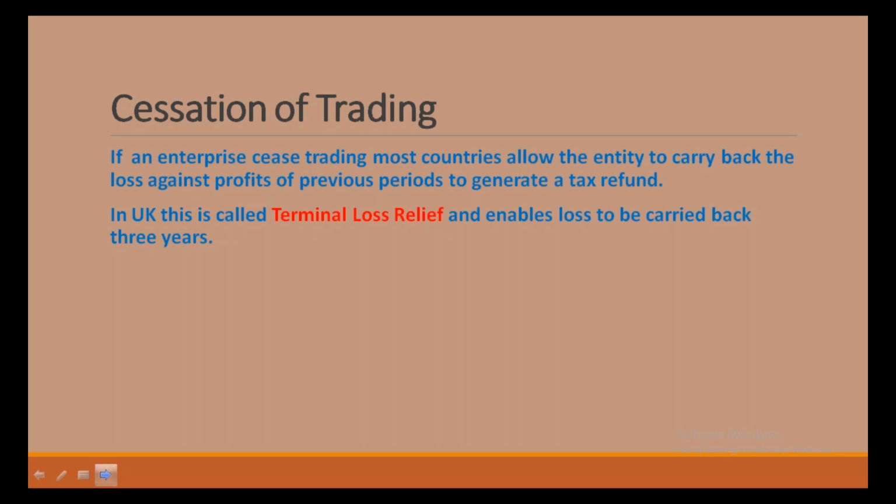Whatever unrecovered losses there are, you can go back and claim it for 3 years. That's UK law. So let's assume again that we have a company that they have made a, let's assume that they have made 2011.